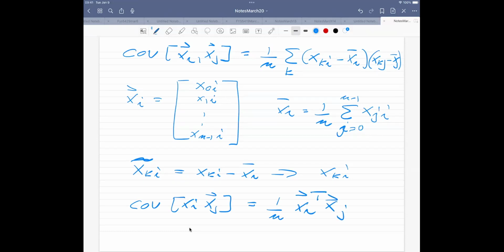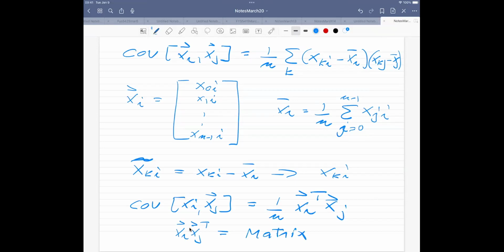So keep in mind, this is just a vector times a vector, so it's an inner product. If I were to write it like xi times xj transpose, then this is a matrix. But just be careful with some of the notations here, okay? Because this is the outer product, if I write it like that.